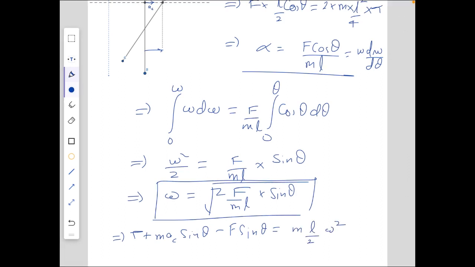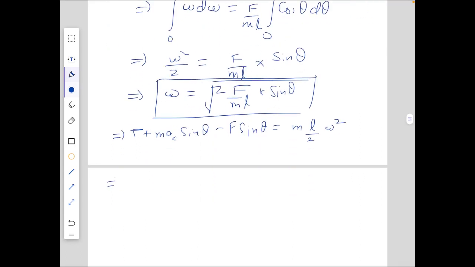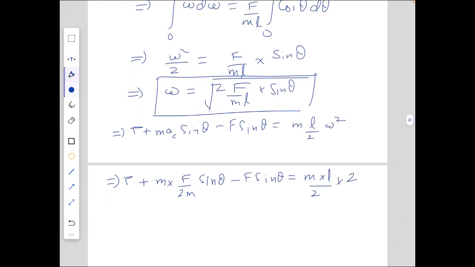So substituting the values of omega and a_c here, what we get is T plus m times F by 2m times sin theta minus F sin theta equals m times L by 2 times omega squared, which is 2F sin theta by mL.